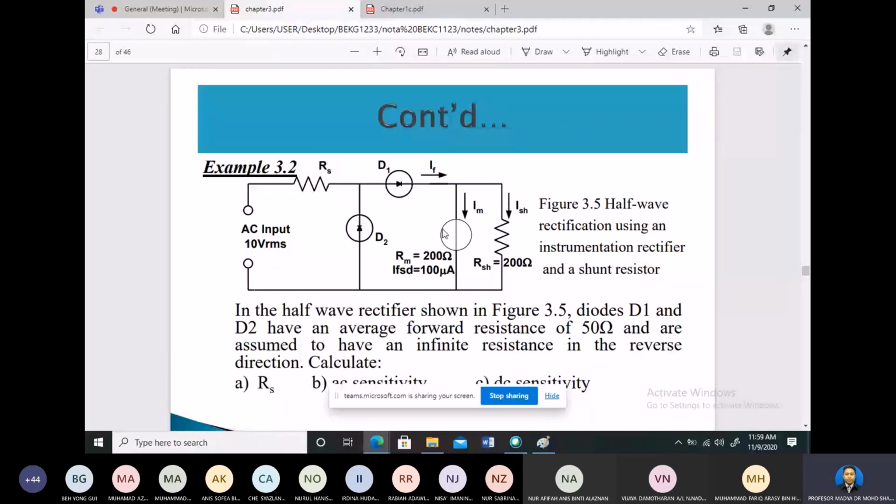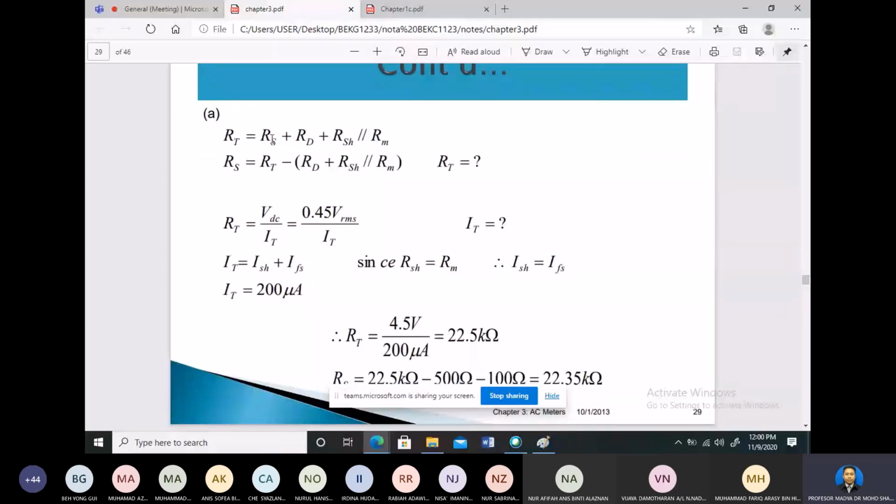Actually this RM and R shunt are in parallel, plus RD, plus RS. That is the formula for RT: RS plus RD plus the parallel of R shunt and RM. Then to calculate the RS, use this formula: RS equals RT minus RD plus the parallel of R shunt and RM.